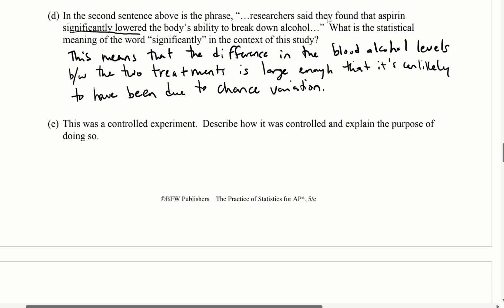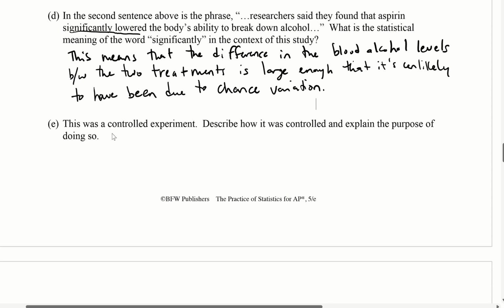That's what you want to include in your response. Saying the difference is large is one part of it, and then you have to include the element of chance. That's how you get the full credit for this answer.